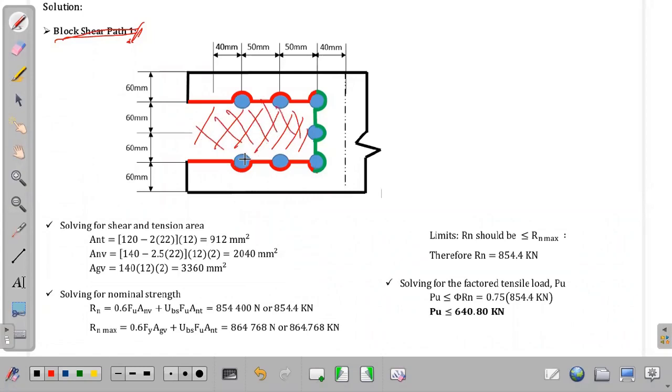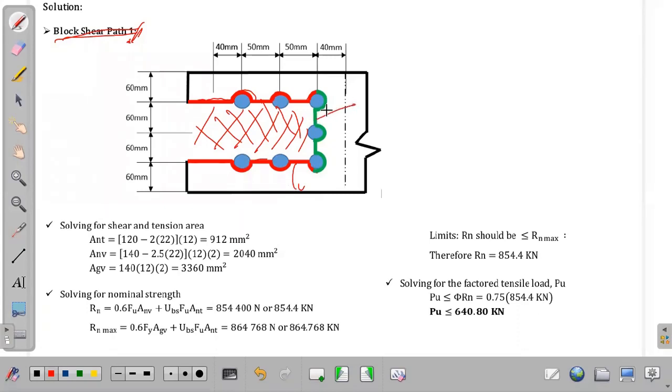So yung red line dito, kung saan yung failure, ayan, sa taas, tapos dito sa baba, yan yung magiging failure natin sa shear. So dyan natin kukunin yung net area subjected to shear, yung red line. Ito yung shear, sa taas at sa baba.